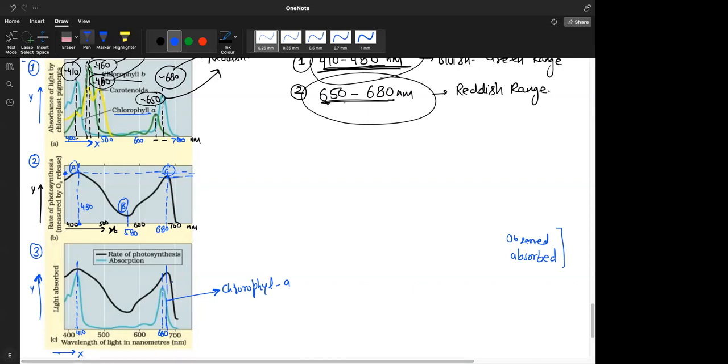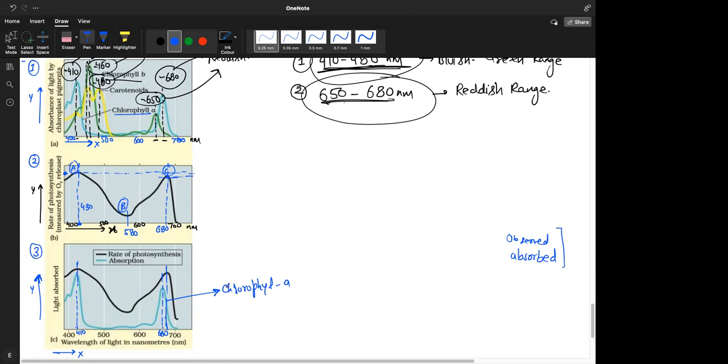Make sense? Yes, sir. So this graph tells that there is a very strong positive correlation between the rate of photosynthesis, where the oxygen released is the highest, and the absorption by the photosynthetic pigments.